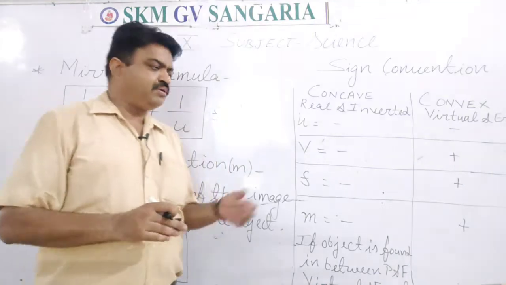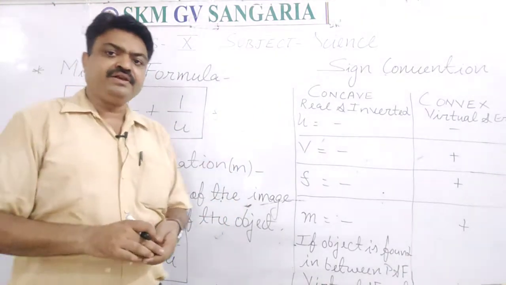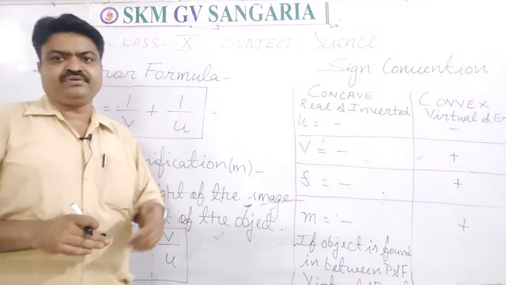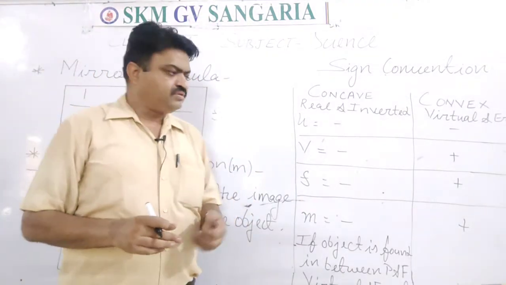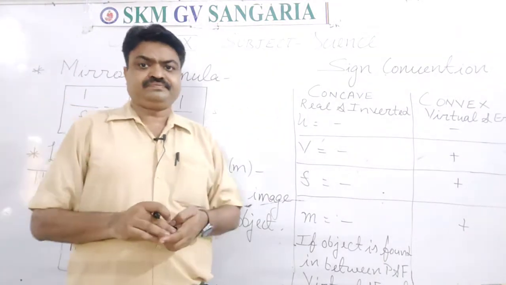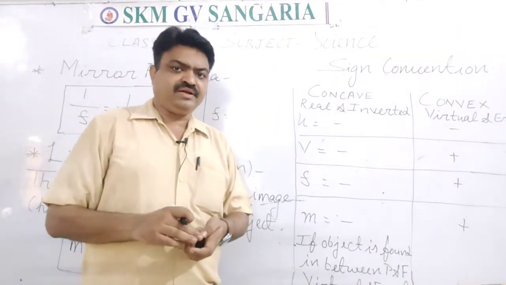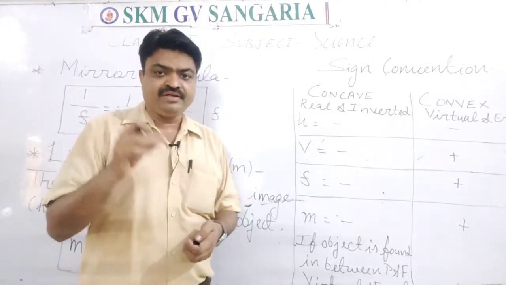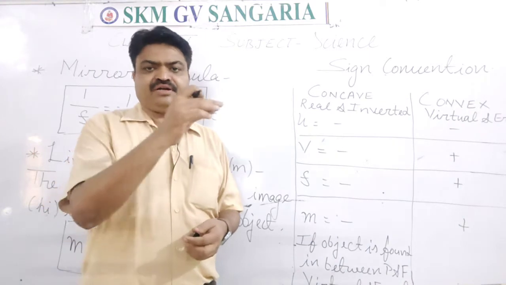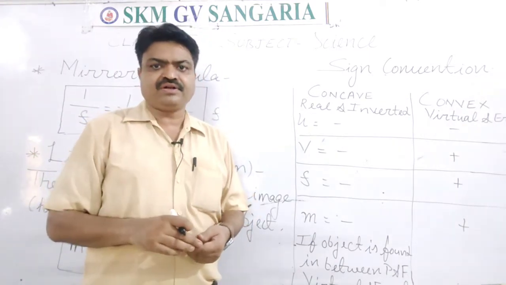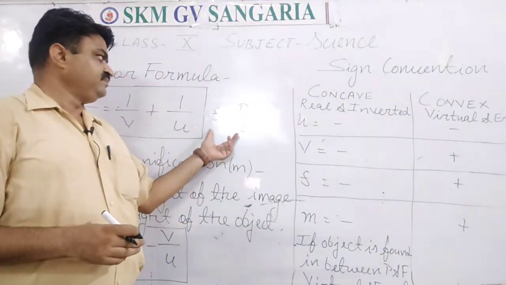If you know the radius of curvature, then you can easily get f, the focal length. You can also learn this formula to solve numericals related to the mirror formula, because many times the radius of curvature is given in the question.